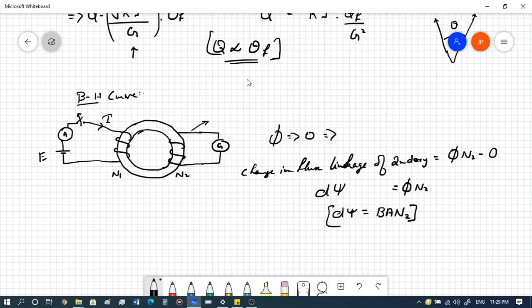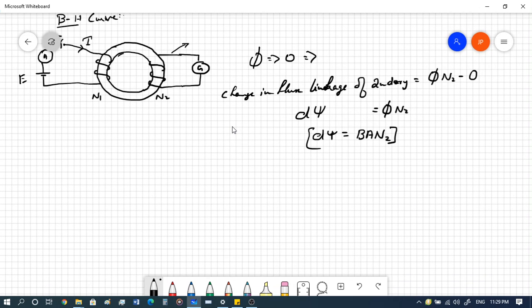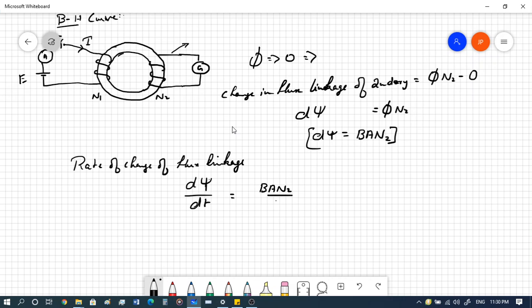So from here, what we are going to do is look at the rate of change of flux linkage. So in this case, the rate of change of flux linkage can be written as d psi by dt, which is equal to B A N2 by delta t.